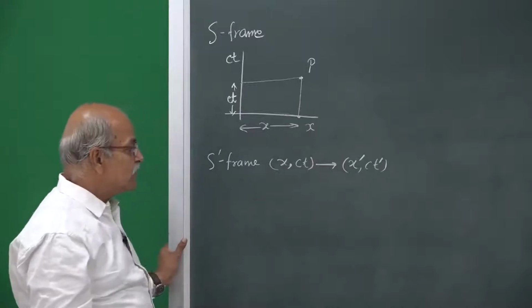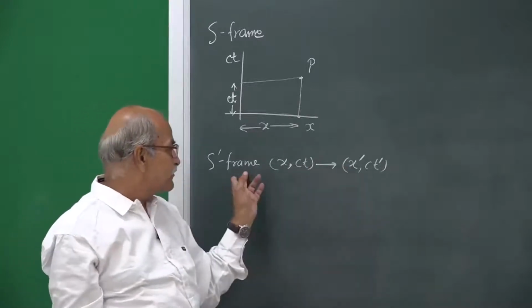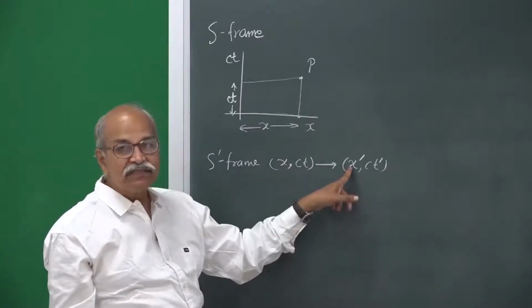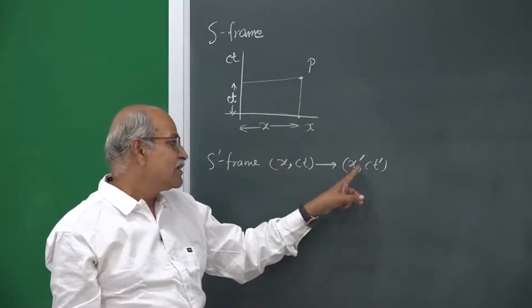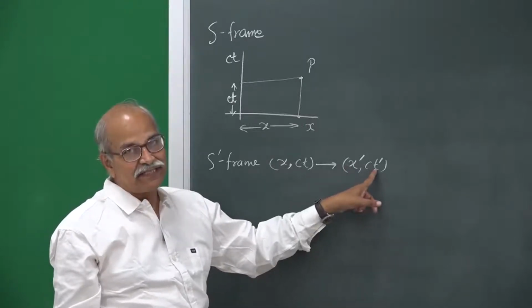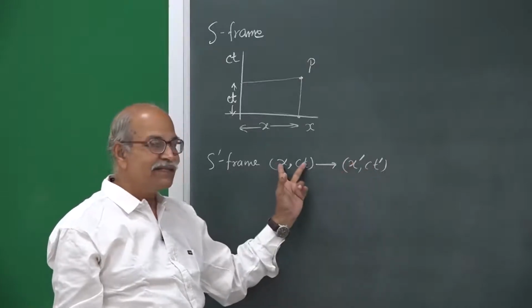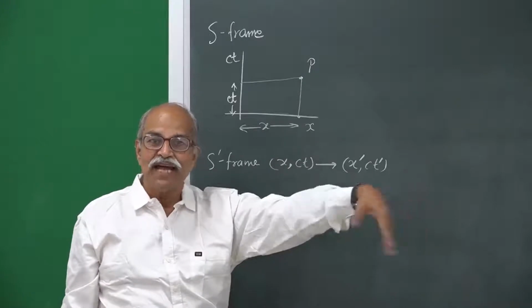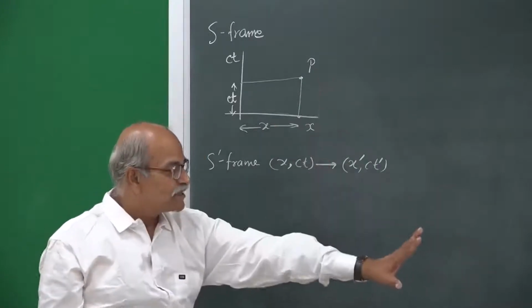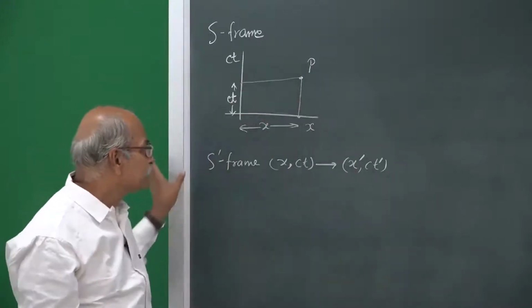What we want to know is, in S prime frame, where and when did the event occur, and how do I get x prime and t prime from x and t? One way is Lorentz transformation, we had been doing that, but now forget Lorentz transformation, come here.